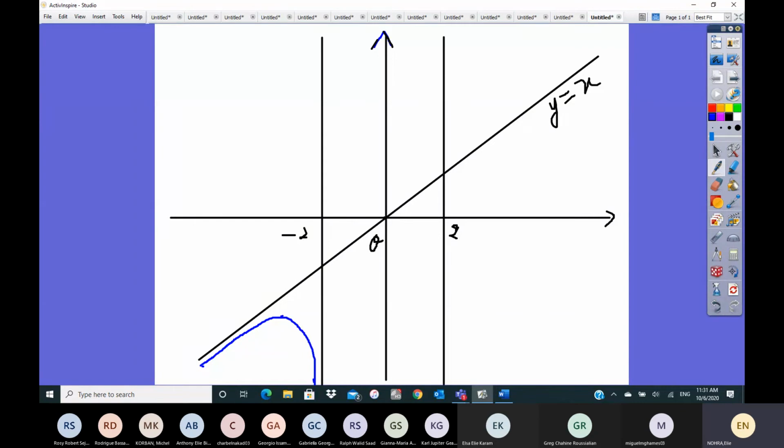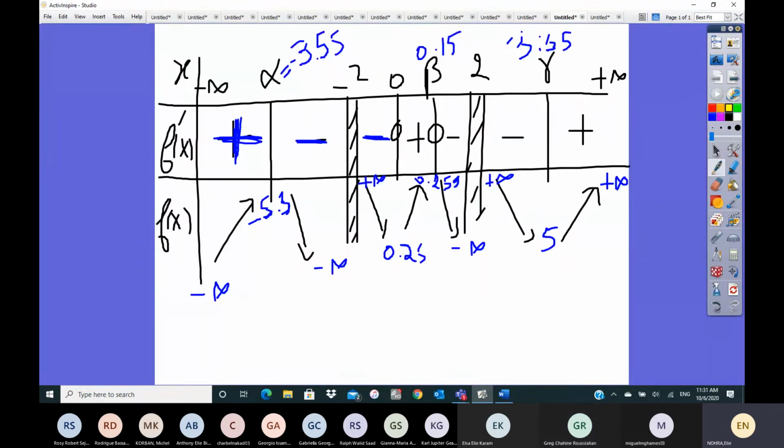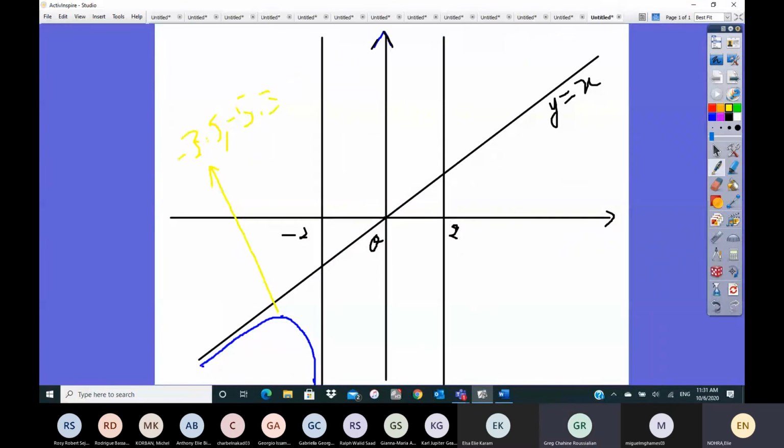I remind you that this point in yellow, I'm going to point these points that are not to be assigned on the proper paper, which is minus 3.5, minus 5.3. We draw it approximately, like this?